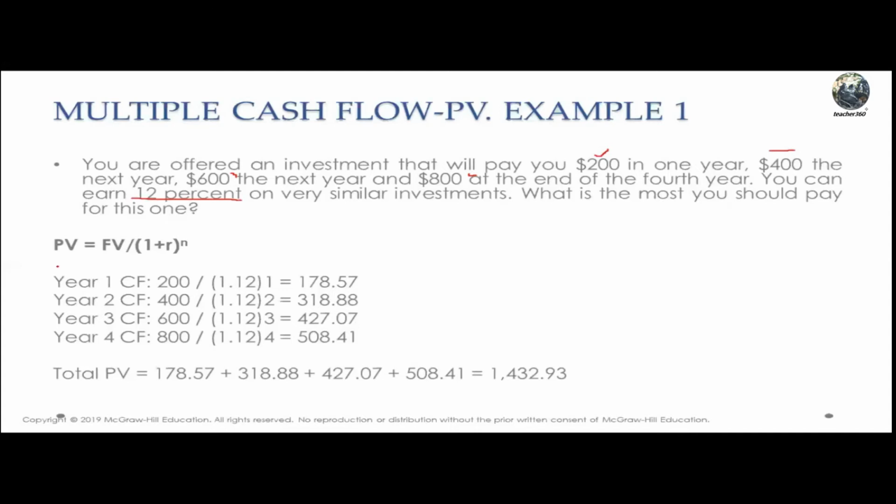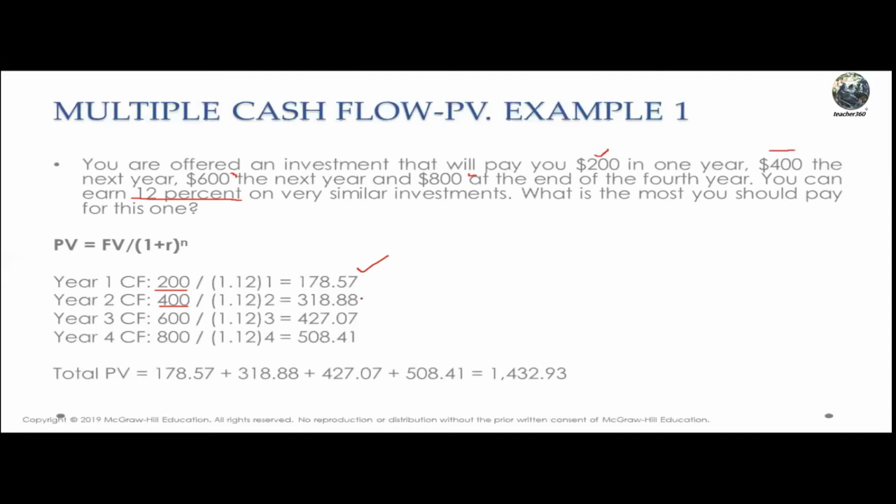So according to the formula, at year 1, you will receive 200. So 200 divided by 1 plus 12%, which is 1.12 to the power 1, and your present value is 178.57. In year 2, you will receive 400 divided by 1.12 to the power 2.